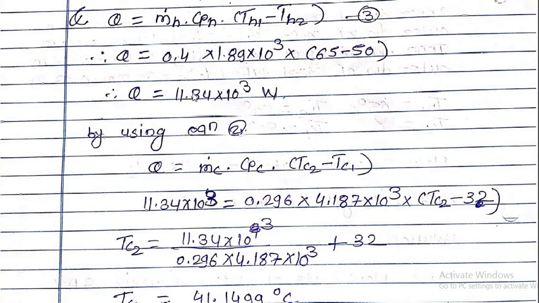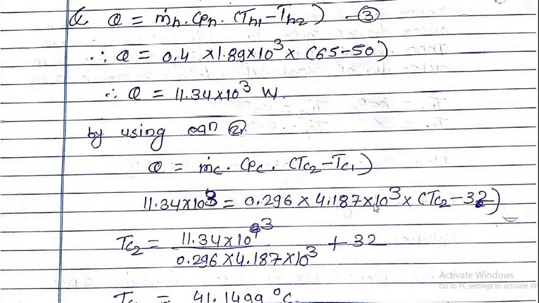So Q we have calculated, 11.34 into 10 raised to 3, is equal to m dot C, the mass flow rate of the cold fluid, that is water, we have calculated 0.296, multiplied by Cpc. It is a given quantity in the property table for the cold fluid, water, 4.187 into 10 raised to 3, because it is provided in kilojoule per kg Kelvin. So we need to convert it into joule per kg Kelvin, and for that purpose we multiply with 10 raised to 3.